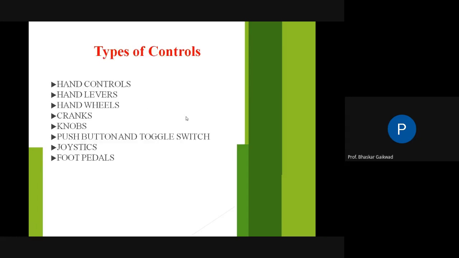Now the next point is the types of controls, and controls are just like levers. Your bike has levers. These levers we can control by our leg or hand; in gearless vehicles, hand clutches are there. This is one of the controls, and lever is also there.